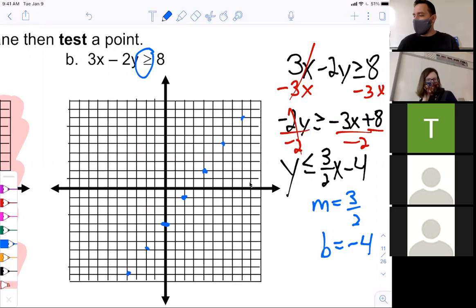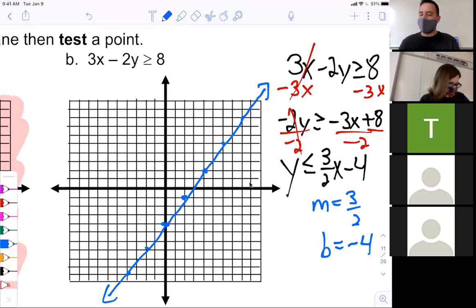It has a line underneath, so it's going to be a solid line. Good. Yep. You got it. So we're going to draw that solid line through, which mine's a little bit messed up. I'll try to redo that.